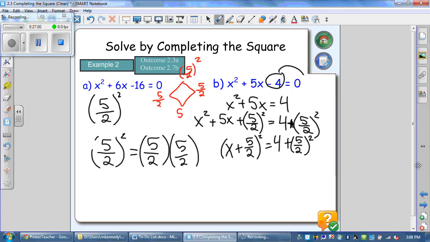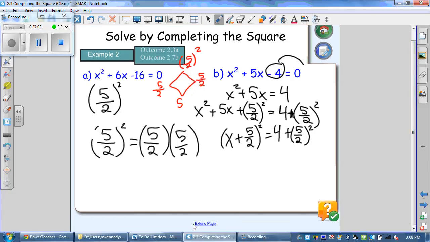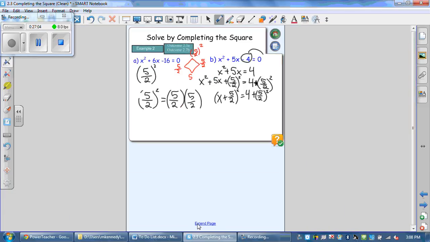We're square rooting both sides because we have x plus something squared, so we have to square root both sides. On the left, all you have left, I'm going to switch to blue so we don't mix up our work, x plus 5 over 2 is equal to the square root of 4 plus 5 over 2 squared.